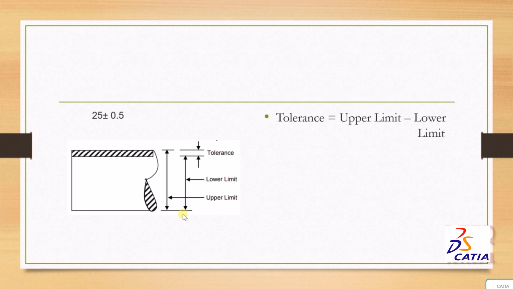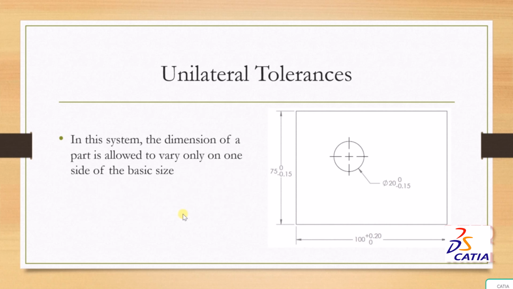So generally tolerances are of two types. We have unilateral tolerances. In this system, the dimension of a part is allowed to vary only on one side of the basic size. Suppose we want a dimension of 75. So the dimension is varying in only one direction.